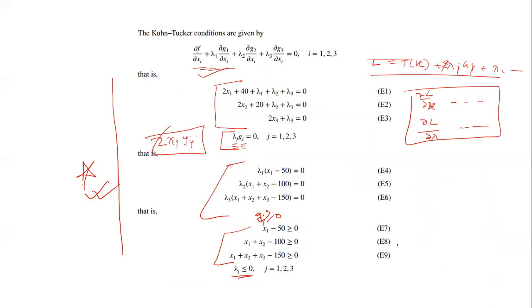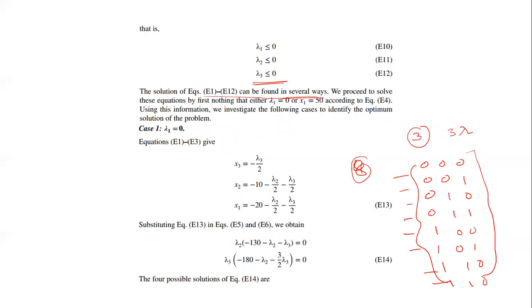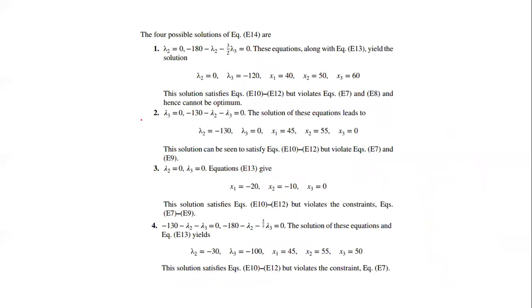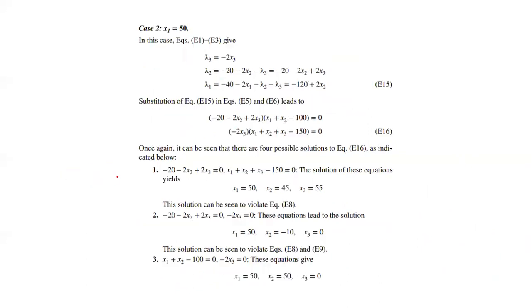Okay. So what they have done is they have started with this condition. So either lambda 1 should be 0 or x1 minus 50 should be 0. So with lambda 1 to be 0, they have figured out the final equation, and then from the final equation, they have found 4 conditions. So from each of the cases where lambda 1 equal to 0 or x1 minus 50 equal to 0, they will have 4 conditions.